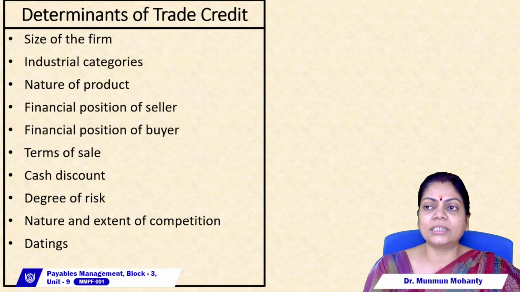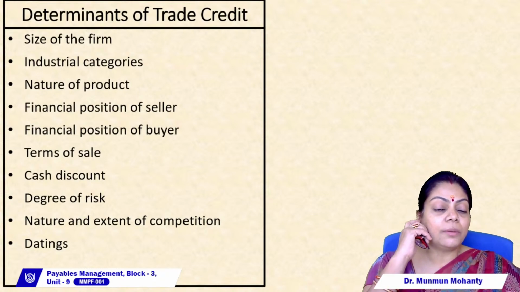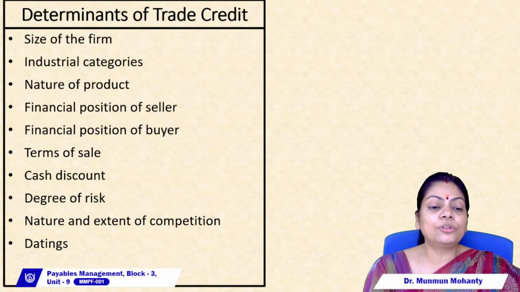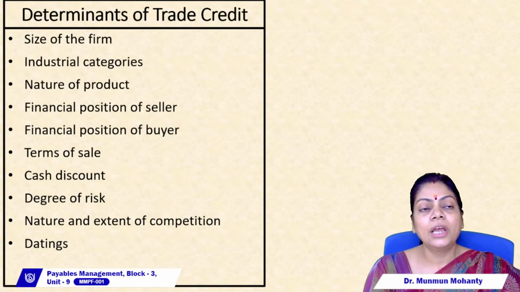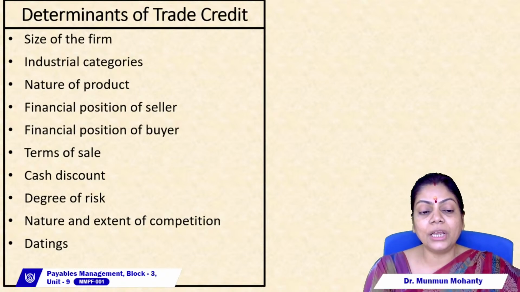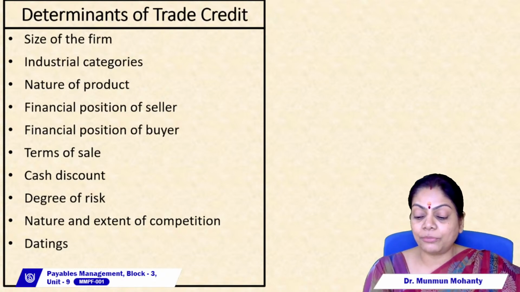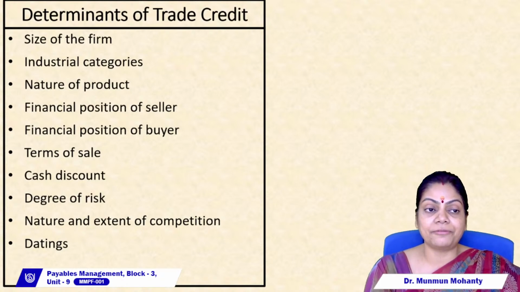For example, ACs: the purchase happens mostly at the beginning of the summer. But how do you encourage them? Through the credit period, like buy now, pay later. With that kind of policy, you can encourage the customer. So datings will also have an impact on the kind of credit that you have.